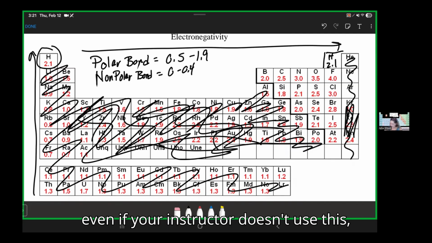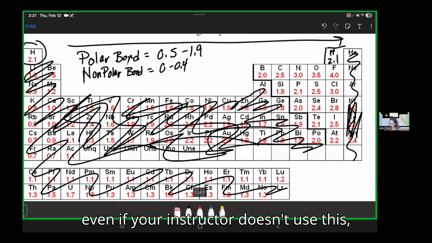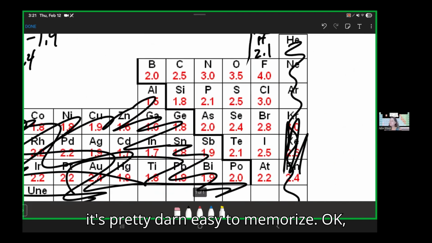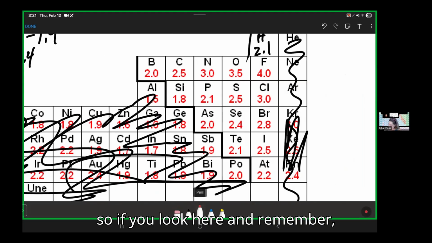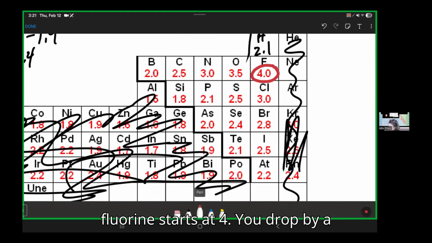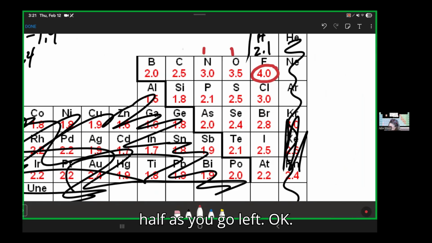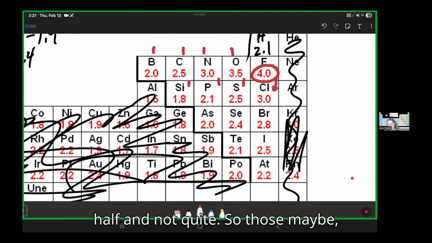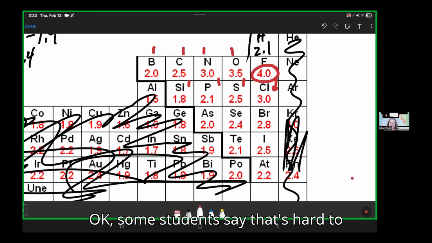And even if your instructor doesn't use this, it's pretty darn easy to memorize. If you look here, remember fluorine starts at 4, you drop by a half as you go left. Then you drop down by 1 and drop by a half, not quite a half and not quite. Some students say that's hard to memorize.